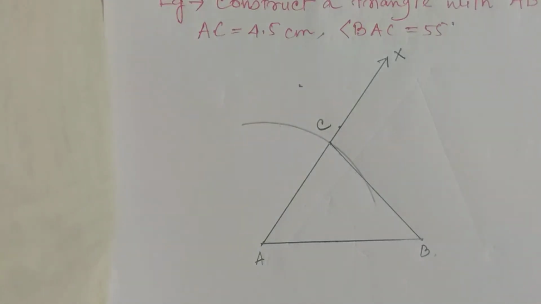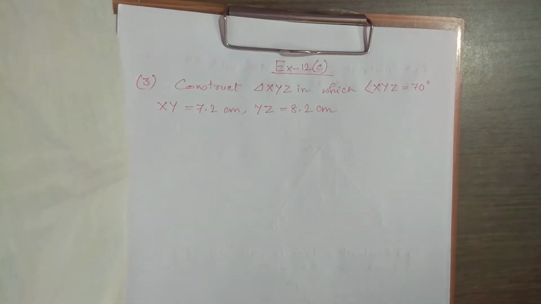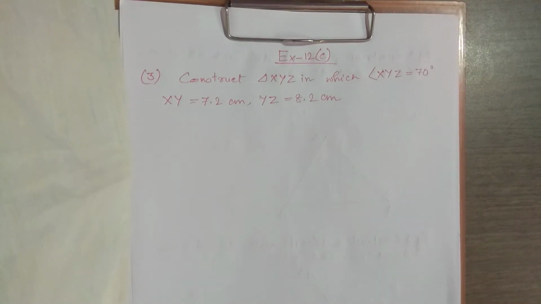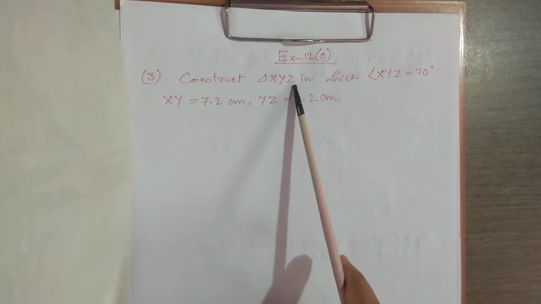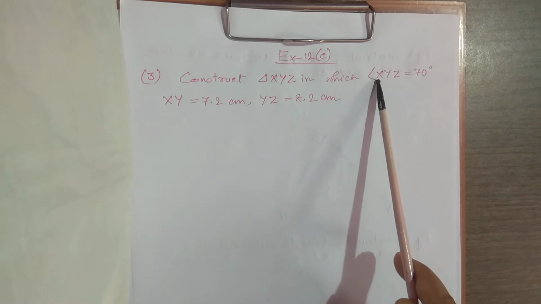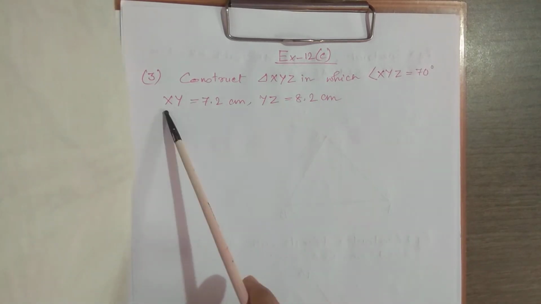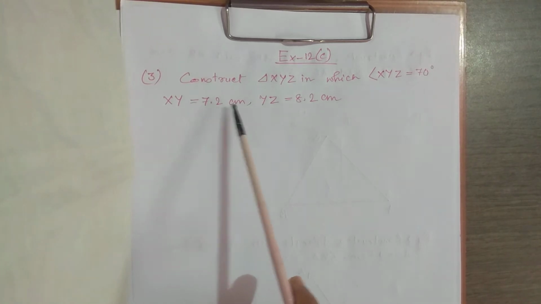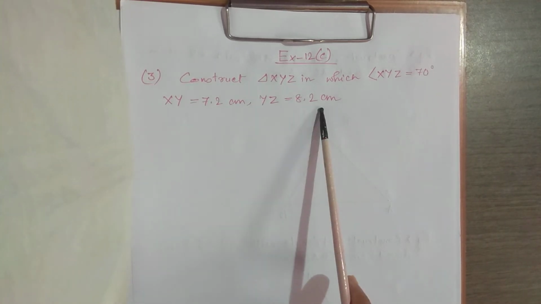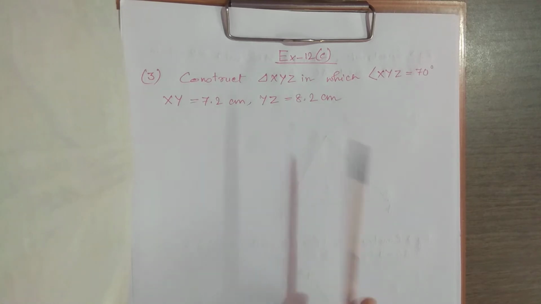Now we are going to exercise 12C. I will show you 12C's number 3. So now let's see how we will do that. So here is the question. Construct triangle XYZ in which angle XYZ equals to 70 degree, XY equals to 7.2 centimeter and YZ equals to 8.2 centimeter.